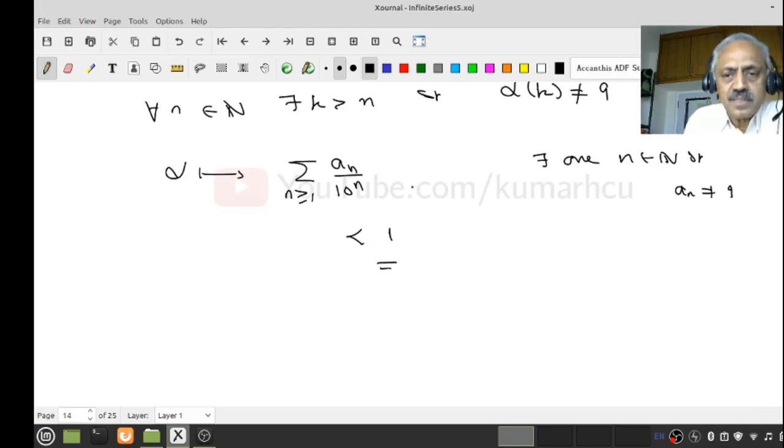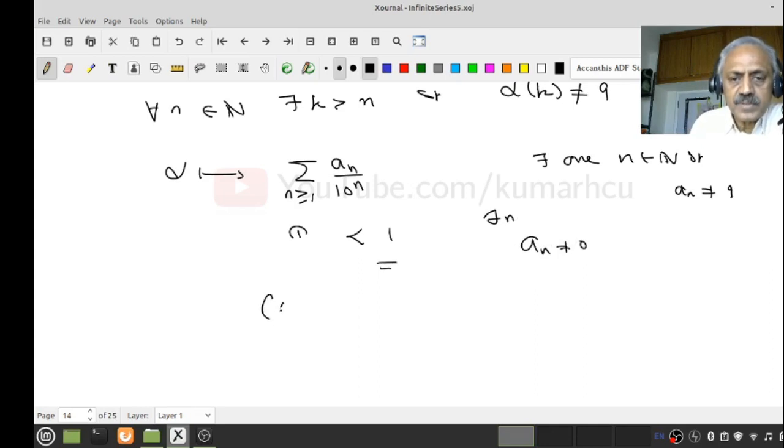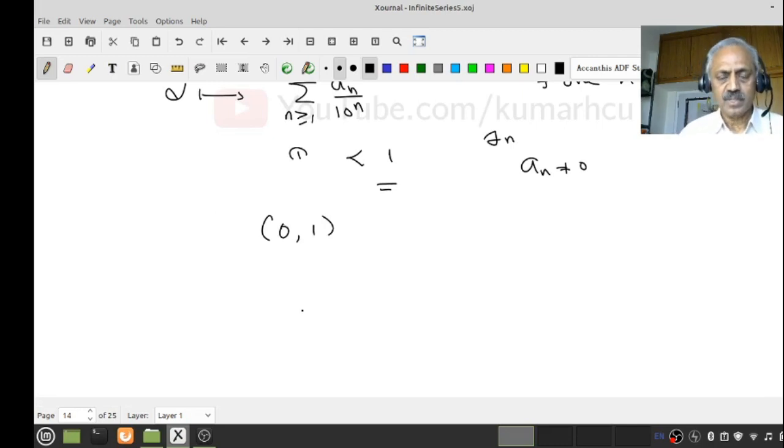And also we are assuming a_n is not equal to 0. Therefore this infinite series sum lies strictly between 0 and 1. We already made sure it is greater than 0, and I want to make sure it's also less than 1.